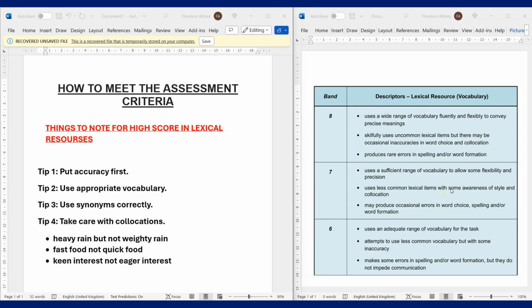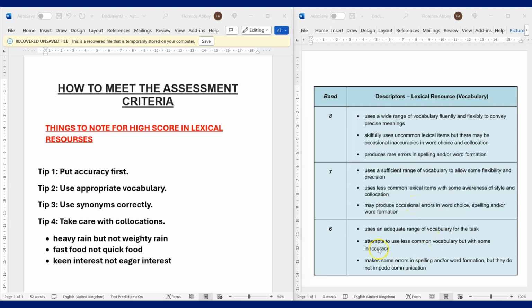Collocations are combinations of words. We will learn about them. Collocations are combinations of words together to mean something. So you have collocation, you're using some styles in it, and it will help you to get a band 7. In a band 7, the person may produce occasional errors in word choice, spelling, and word formation.